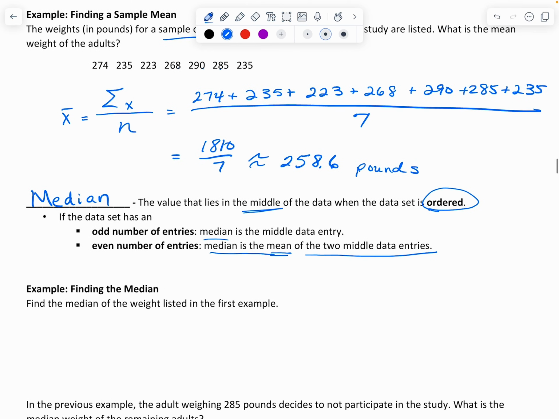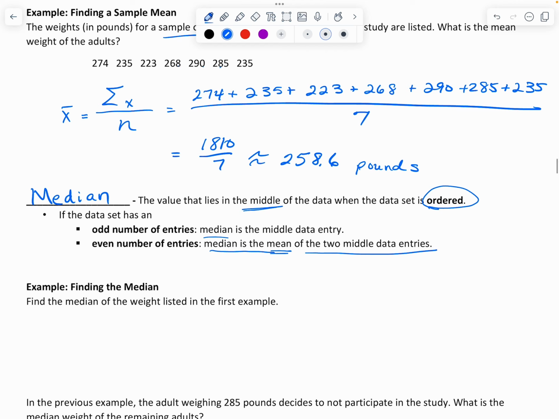So if I find the median of the weights listed above, I'm going to put them in order. That would be 223 first, 235 next, and actually 235 is twice, since we have two values of 235.